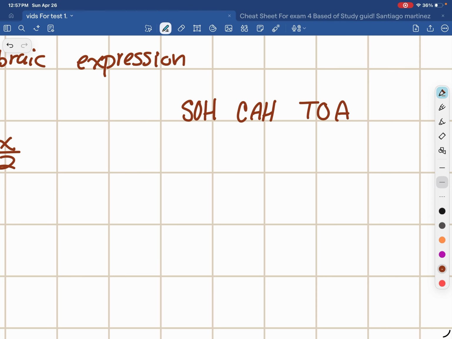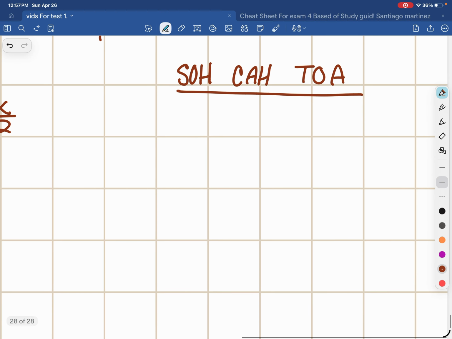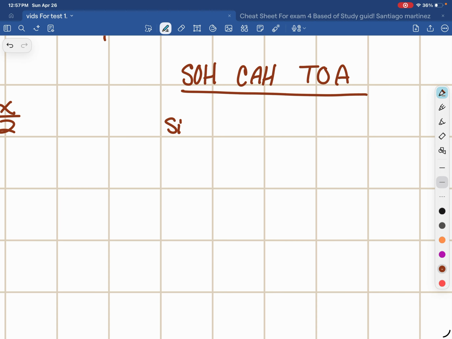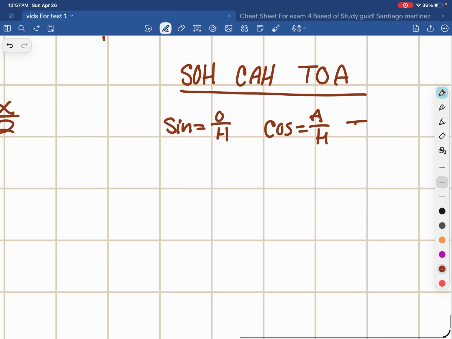But yes, this is SOHCAHTOA, and we should know this. Sine is equal to opposite over hypotenuse. Cosine is equal to adjacent over hypotenuse. And tangent is equal to opposite over adjacent.